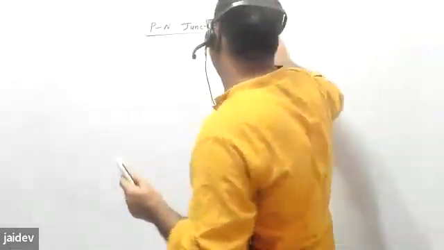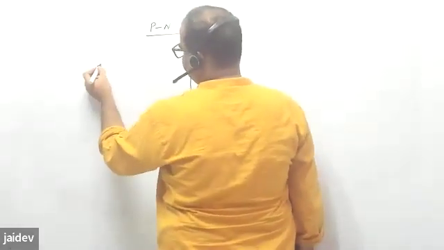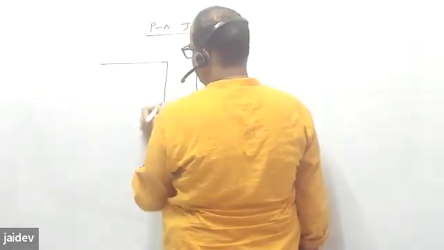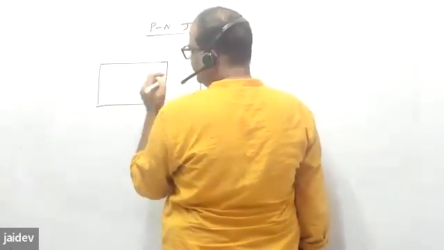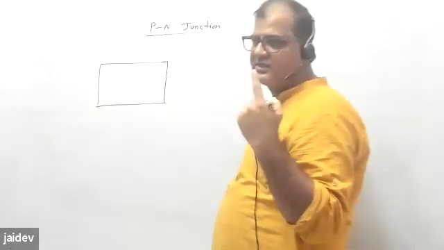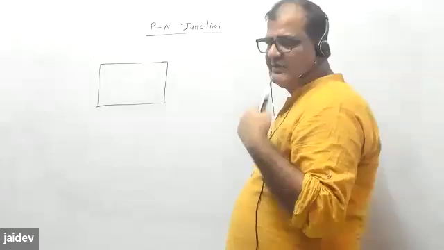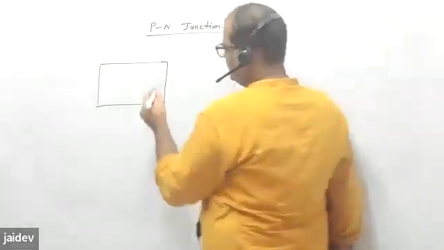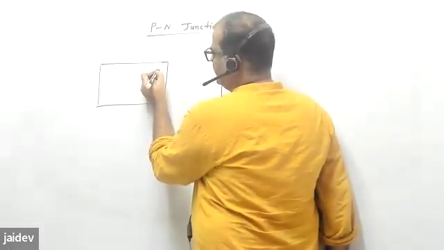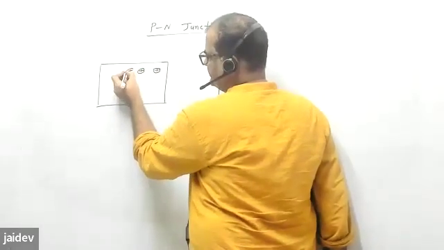Generally, if you want to draw an n-type semiconductor, it is denoted by its impurity, because the impurity is a fifth group element, and that fifth group element is capable of giving electrons, so it becomes ionized. So I can represent the n-type material with a plus sign.